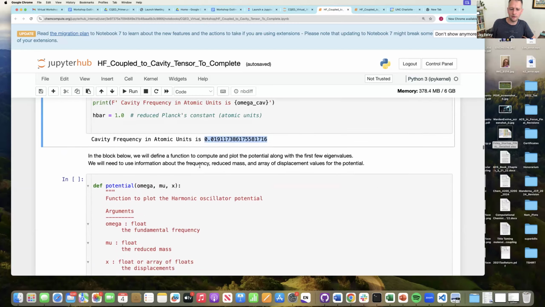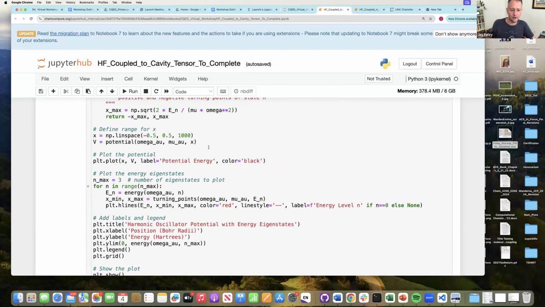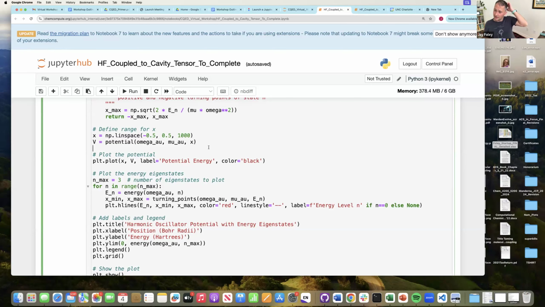Once we complete these functions, we'll run this cell, and it's going to call those functions using the parameters that we just defined, and create a plot of the potential and the energy eigenvalues. That'll give us a little visualization of the energy eigenvalues of the bare matter system. Then we're going to recreate that plot at the very end once we've introduced the coupling, and see how the states are affected by the coupling. So we get a little before and after coupling plot here.